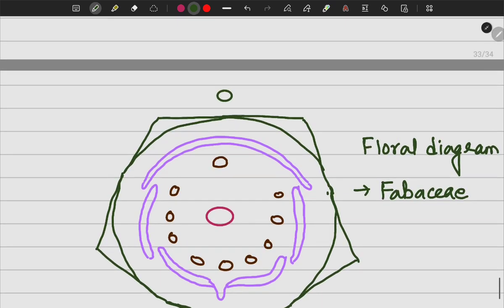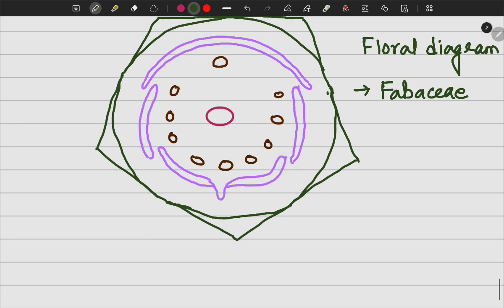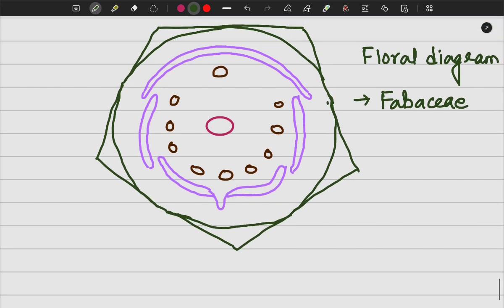Now let us write down the floral formula. So looking at the diagram, we can easily write the floral formula. First we will write the symmetry. We learned about the zygomorphic flower when we studied the example of pea, right?